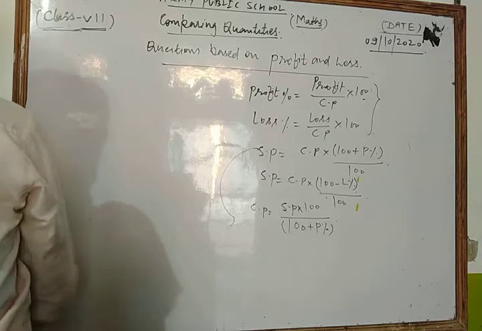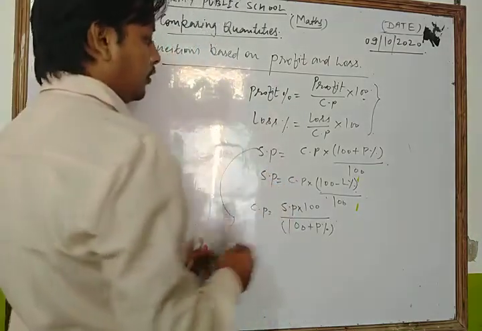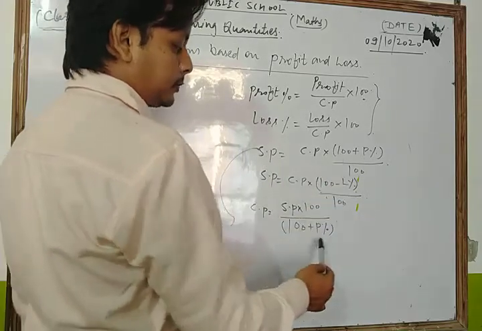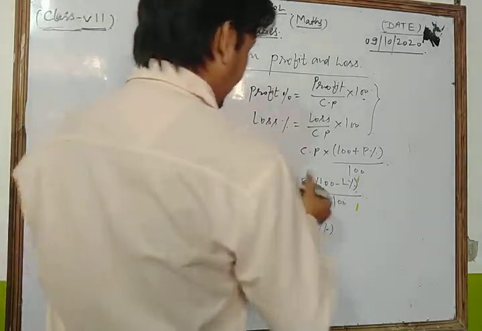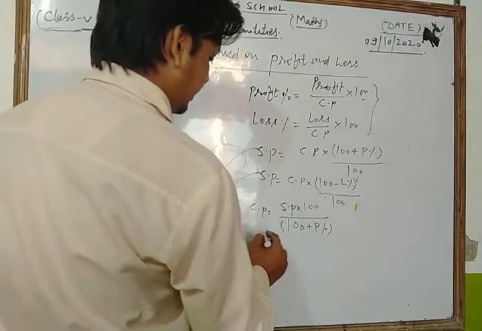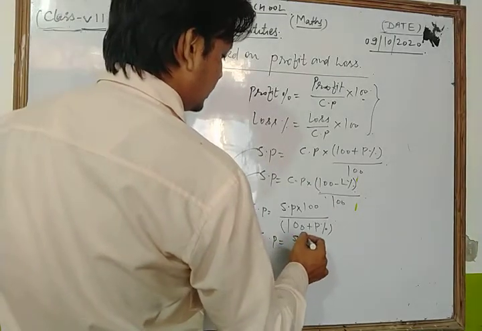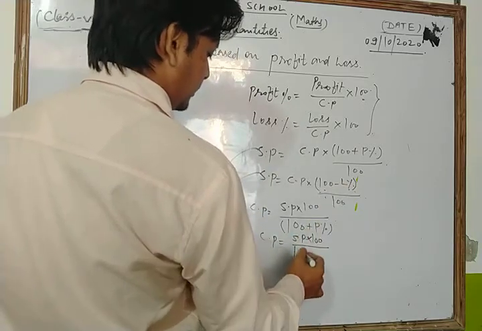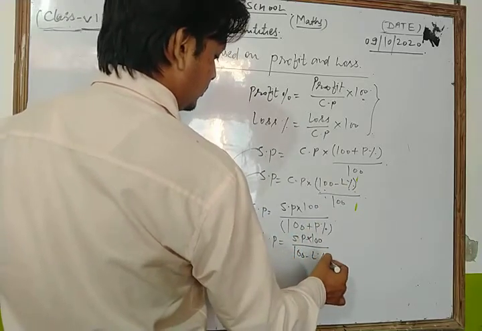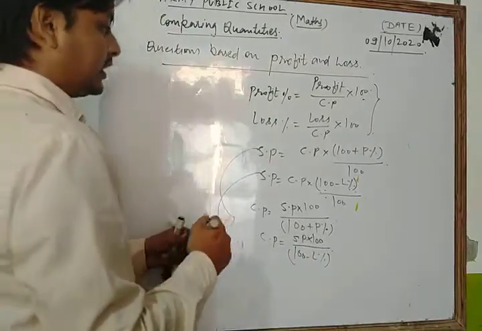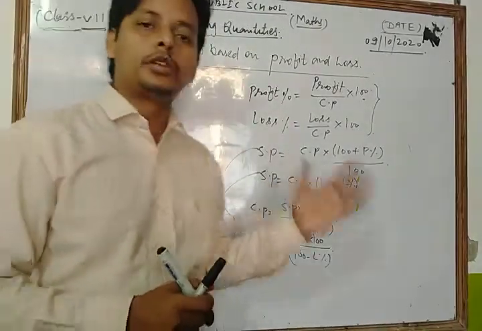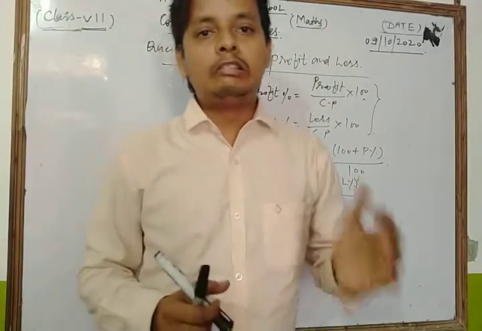Similarly, when loss percent is given, the cost price is selling price into 100 upon 100 minus loss percent. Thus, these are some important formulas of this chapter. Now we take and solve some important questions based on this topic. Let's see.